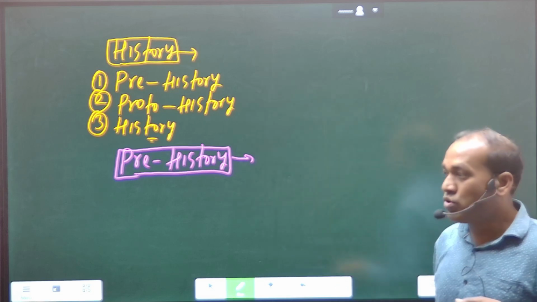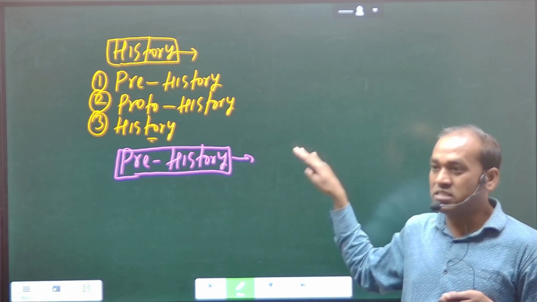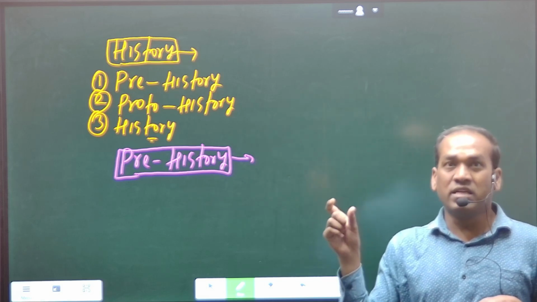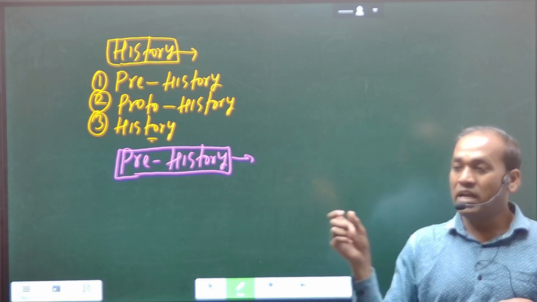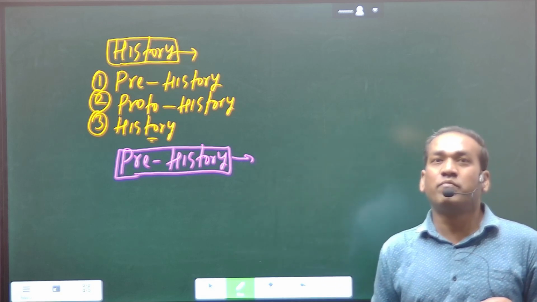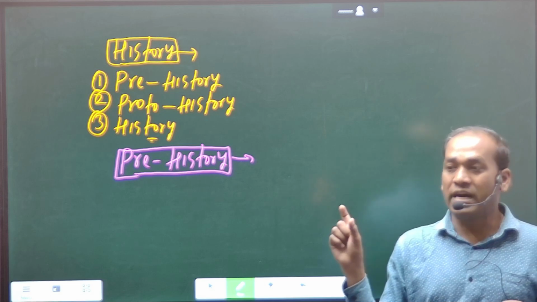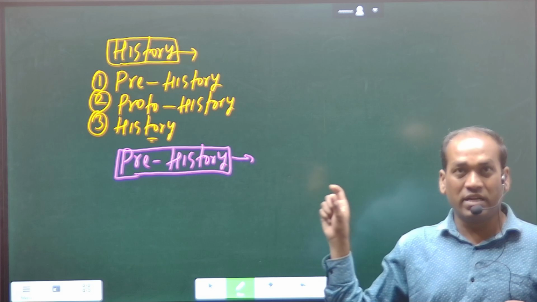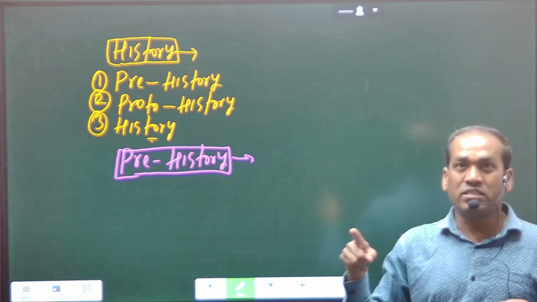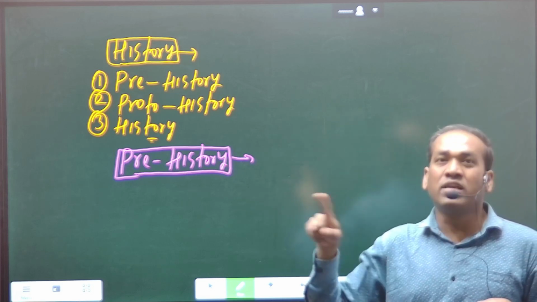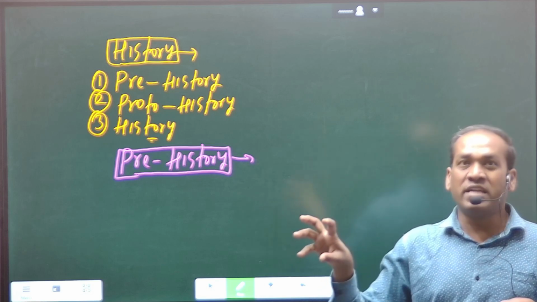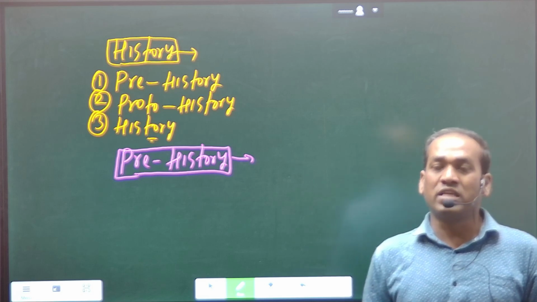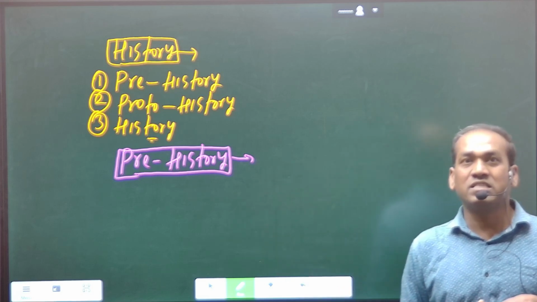So we come to know the history of that time on the basis of materials used by early man, and those materials have been discovered by archaeologists who are the members of the ASI department of India. Archaeologists carry out the digging of the earth and then find the old things and study those old things, and then finally history is written.